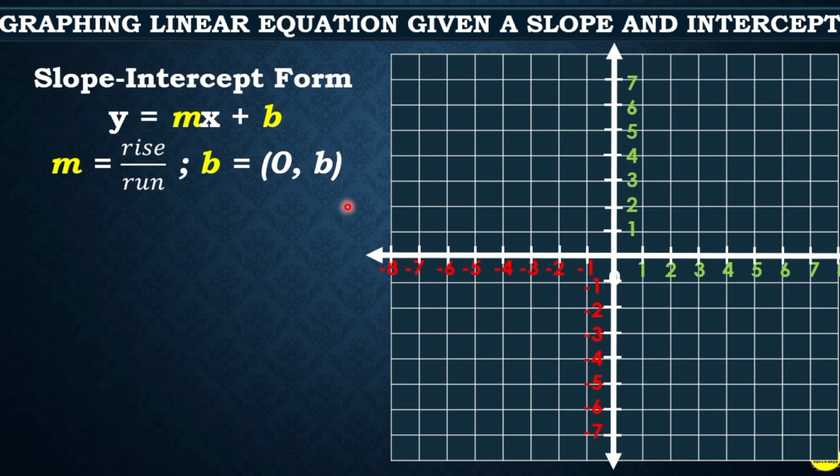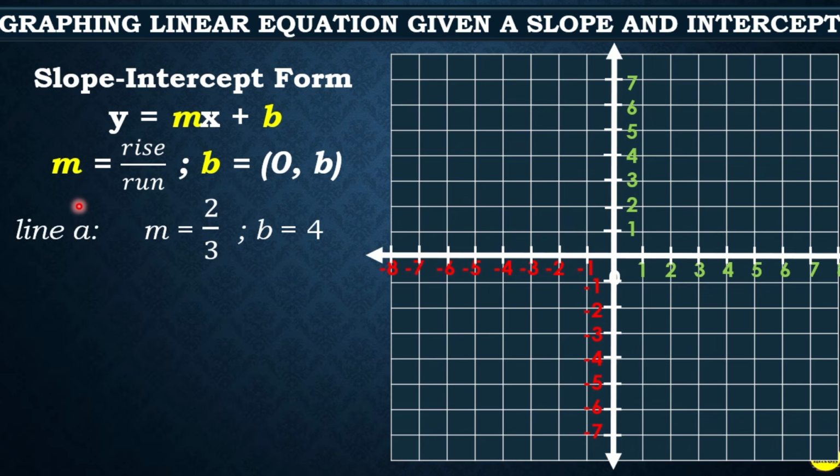Is it the slope or the y-intercept? Yes, it's the y-intercept, because that is where we start. So when the equation is in the form y equals mx plus b, we first plot the y-intercept, followed by the slope.